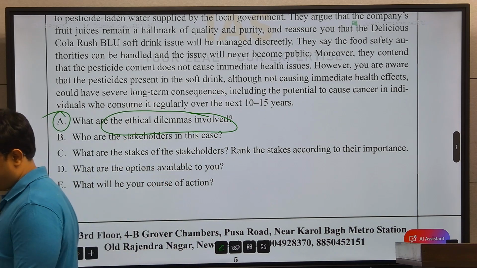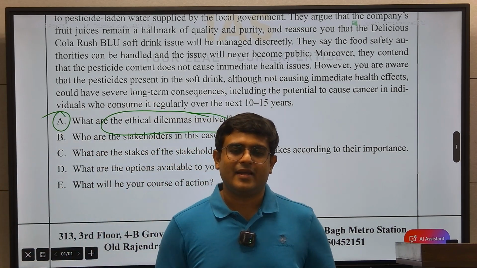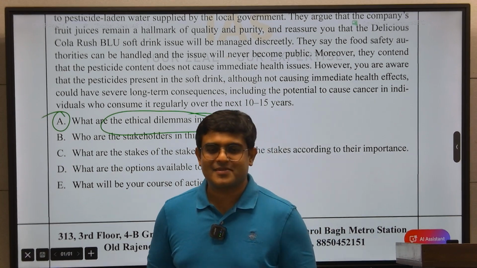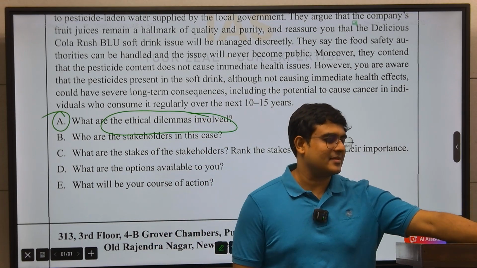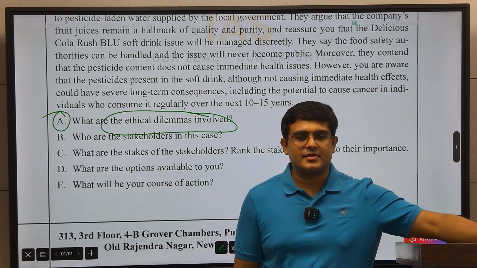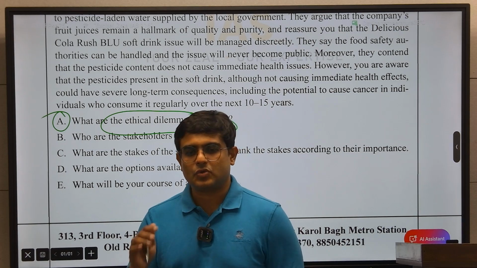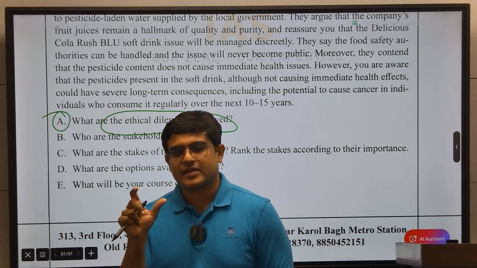Question A. Now, hope you know what we mean by ethical dilemmas? Yes, you must have read in the theory part. An ethical dilemma is a situation when there are two or more conflicting ethical values.